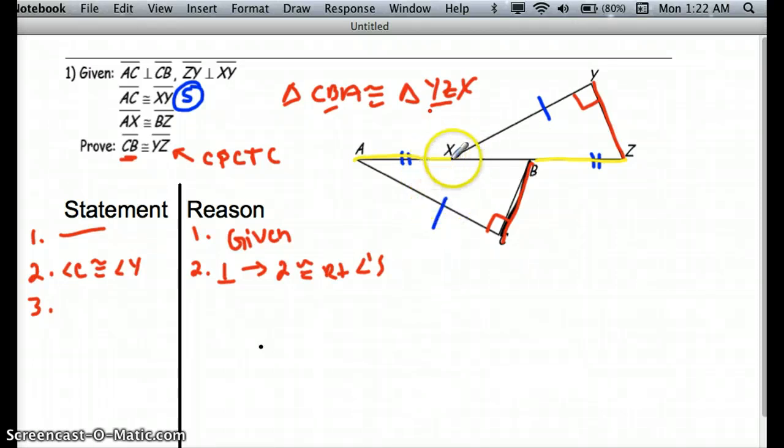So what we need to do is extend this guy this way. So it's going to be AB, and the same thing here is ZX. So you want to use that addition postulate, but before you do that, you have to state that XB is congruent to XB. So let's do that. XB congruent to XB, and that would be the reflexive property.